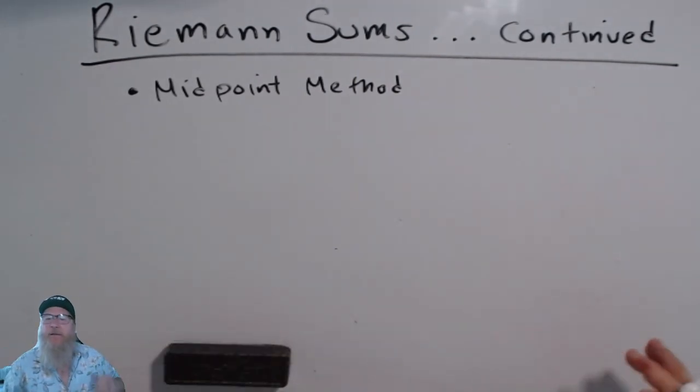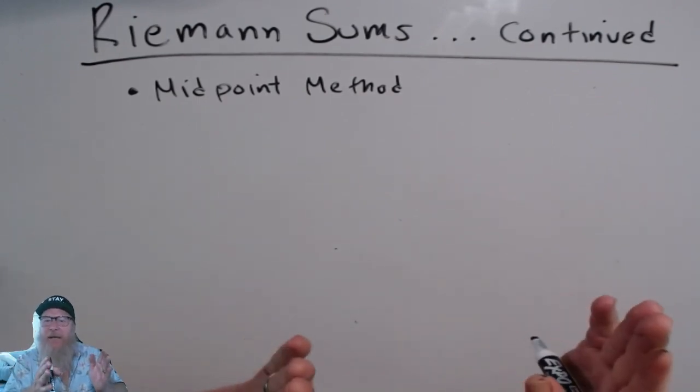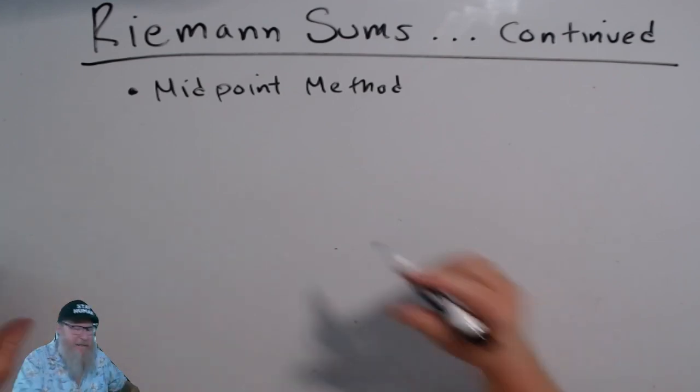It's very similar to the left and the right endpoints that we talked about in the last video, but in this one, instead of going to the left or the right of the rectangle, we'll shoot straight down the middle.